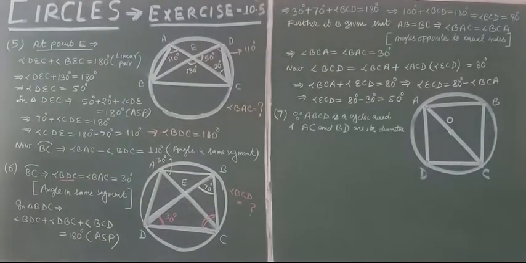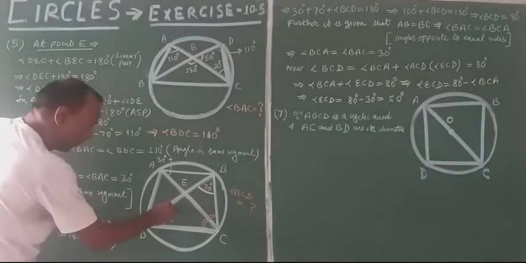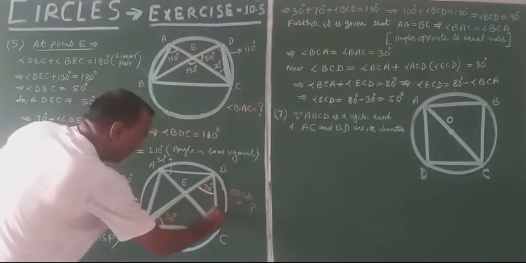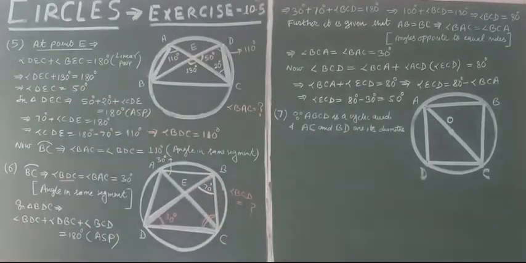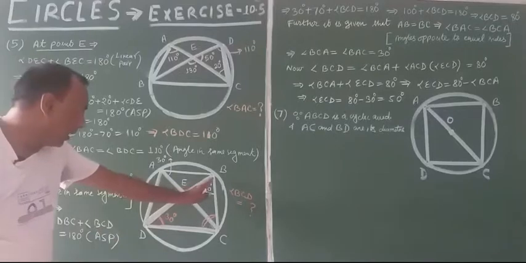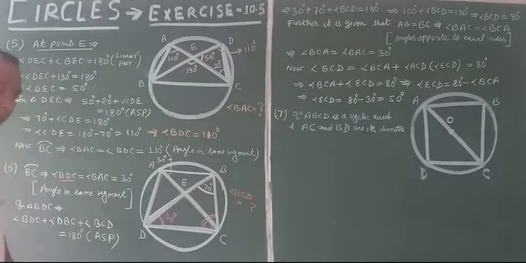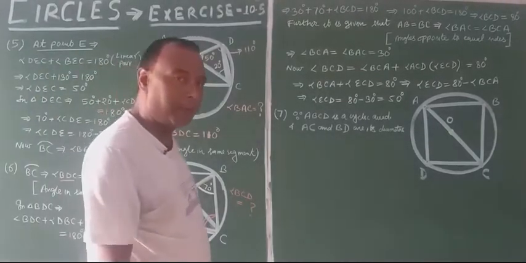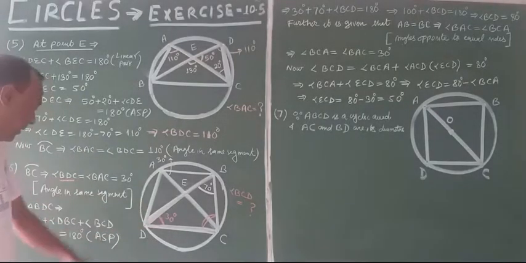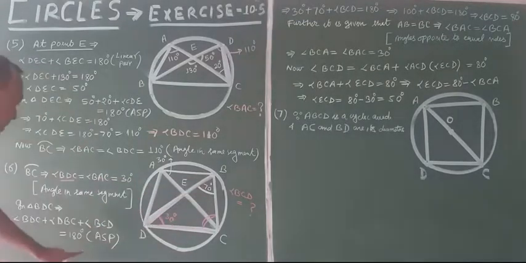Now in triangle BDC, look at this triangle. There are three angles: 30 degree plus 70 degree plus angle BCD. Their sum will be 180 degree by the triangle angle sum property. So angle BDC plus angle DBC plus angle BCD is 180 degree.